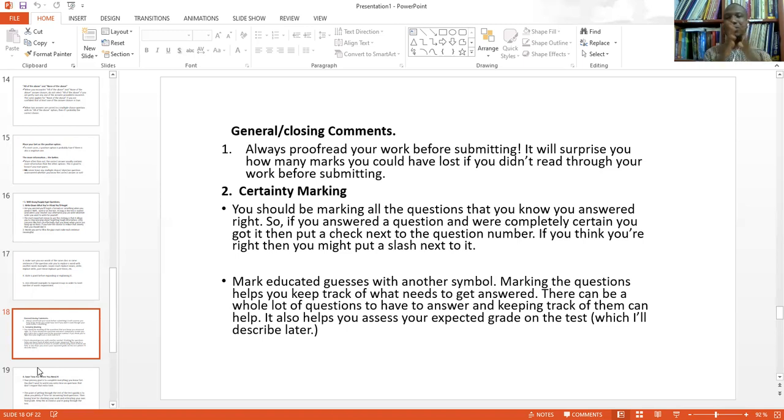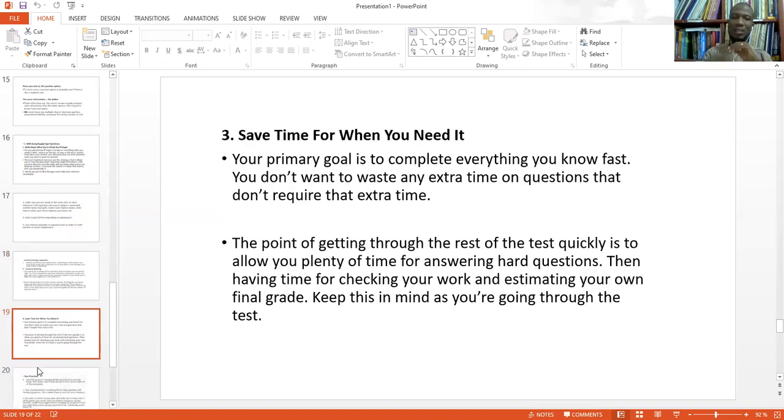You are very confident of that. Before the guess ones, or the ones that you are not too sure of, if you really did that well, it's likely you get some of those too right. So by that, it gives you a fair idea of the grades you are likely to score in that examination. That is the advantage of certainty marking.